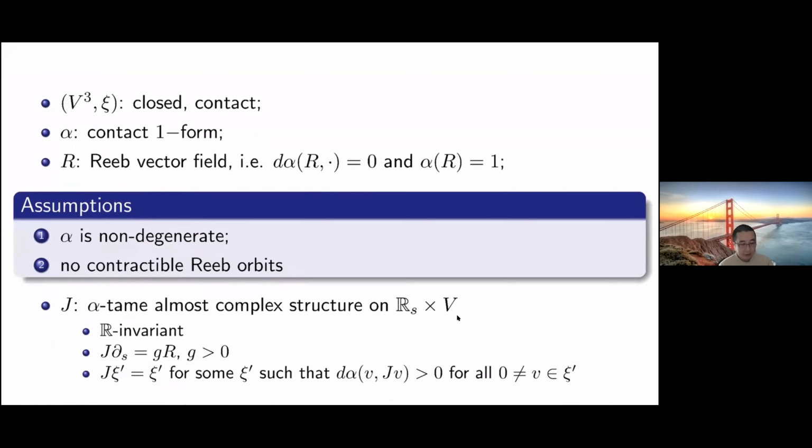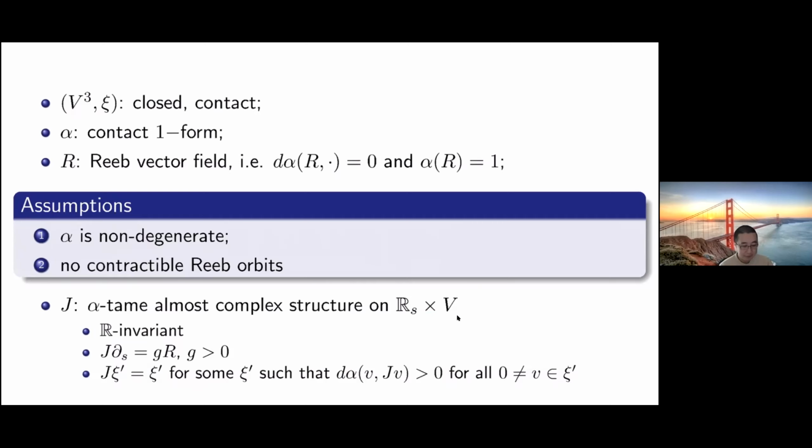Then let J be an alpha-tame almost complex structure on R times the contact manifold, with s the R coordinate. By alpha-tame, we mean something slightly different, as explained in Russell's talk, so I'll just quickly remind you.